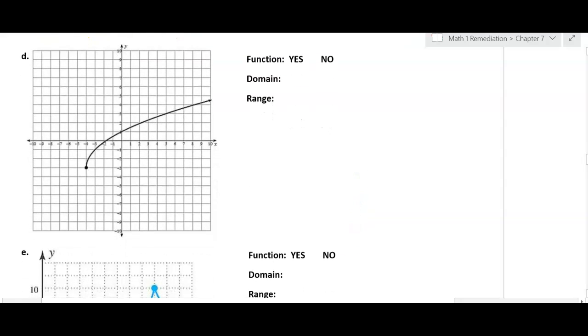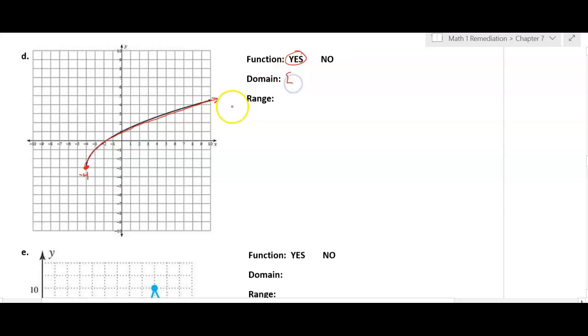Letter D, does this pass the vertical line test? And the answer is yes, it does. Now our domain, where's this graph going to start on the right? Since it's a closed dot on -4, it's going to start at -4 and it's going to go all the way to the right forever and ever.